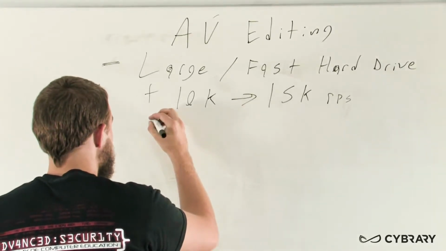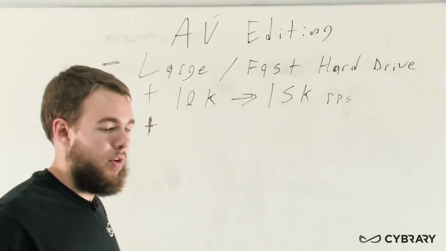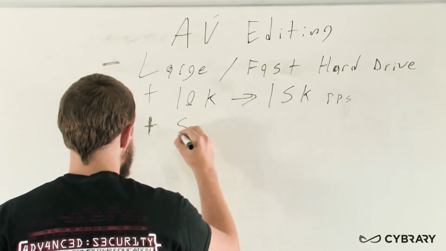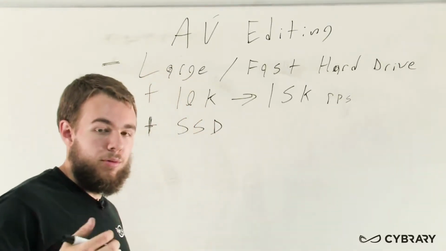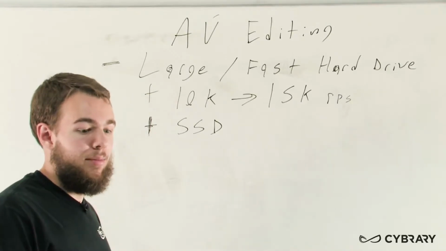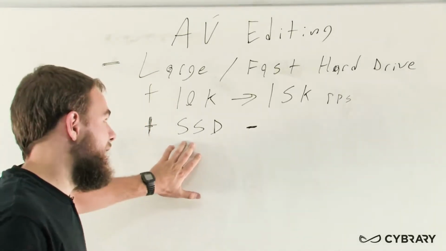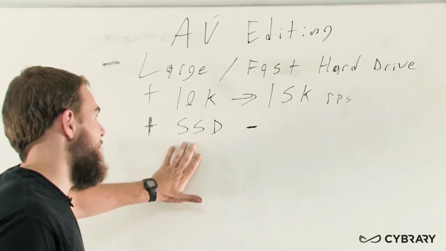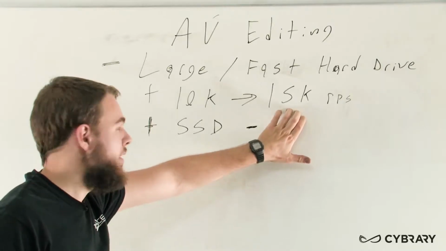When we are setting up our computer, it also may be worthwhile for us to invest in a solid state drive, an SSD, for loading our operating system and our programs onto. Solid state drives are extremely expensive for the same amount of space that even a 15,000 rotations per second hard drive would have.